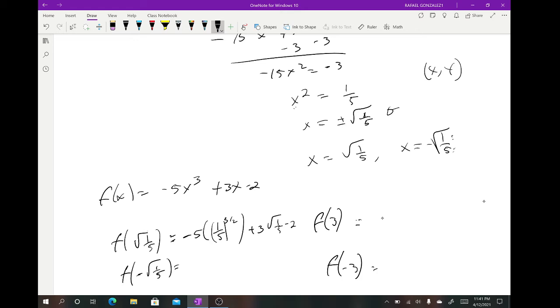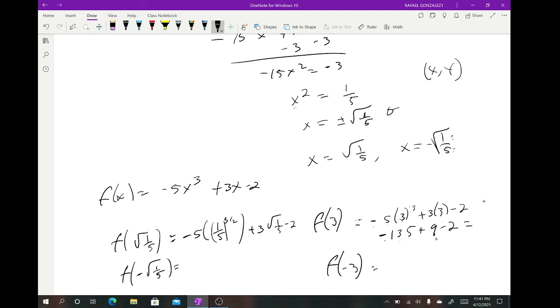And then f of 3 is going to be negative 5 times 3 cubed plus 3 times 3 minus 2. So this is minus 5 times 27, which is negative 135, plus 9 minus 2.